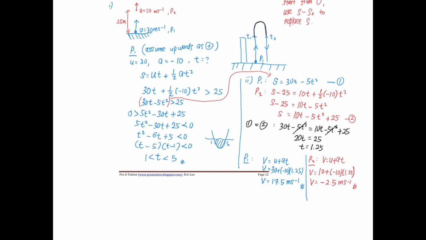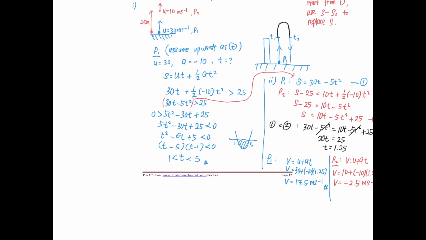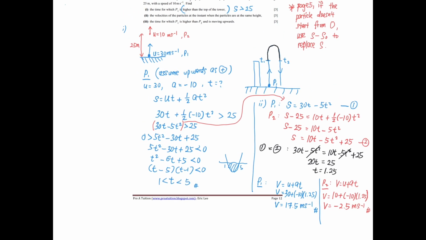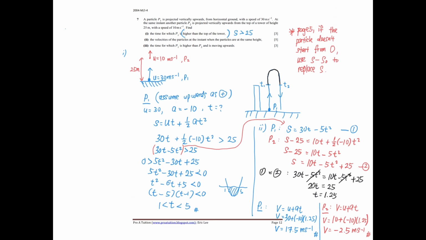Okay, now let's move on to part 3. Let's see the question. The time for which P1 is higher than P2 and is moving upwards. So many conditions.